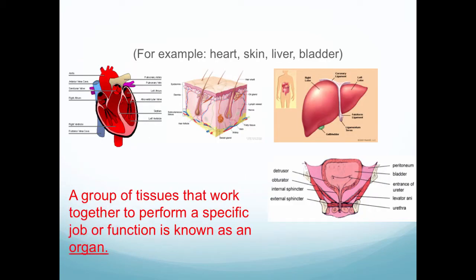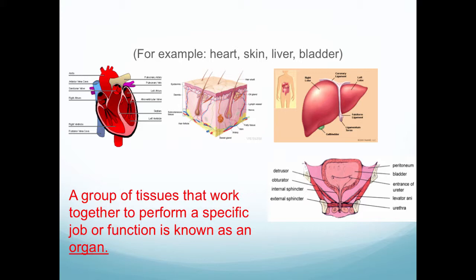So let's talk about an organ. An organ is a group of tissues that are working together to perform a specific job. Many of you know lots of examples of an organ. Your heart, your skin, your liver, your bladder. And a lot of you know that all organs have a particular job. But organs are constructed from a certain type of tissue.